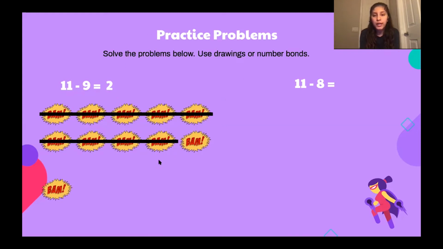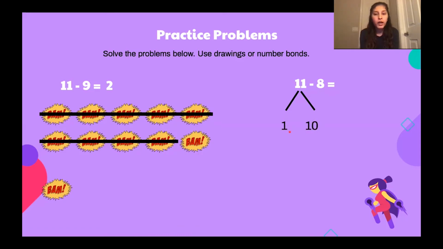Now let's go ahead and solve 11 minus 8 equals. So for this one, I'm going to go ahead and use the number bond, okay? So I'm going to decompose the 11 because I'm subtracting 8. So I know that 11 could be decomposed into 1 and 10. So those would be its number bonds. So 10, and then we have 1.